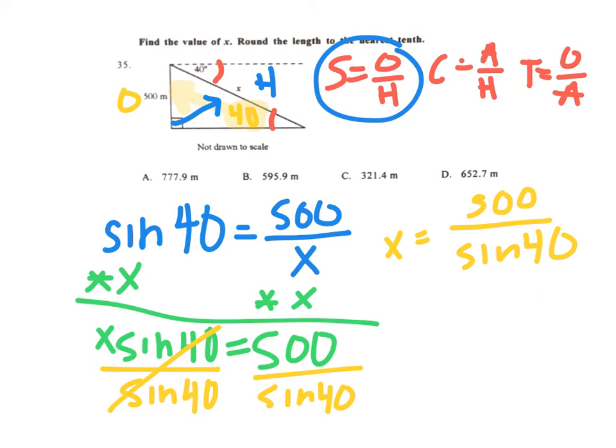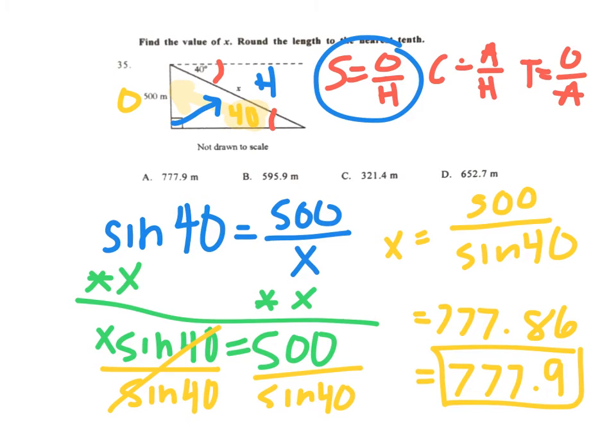And we're going to type that into our calculator. So do 500 divided by the sine of 40. When you do that, you get 777.86. If we round it, it's 777.9 as your final answer, which is A.